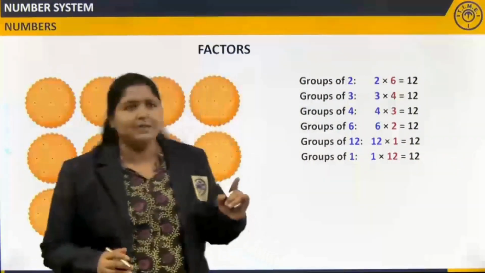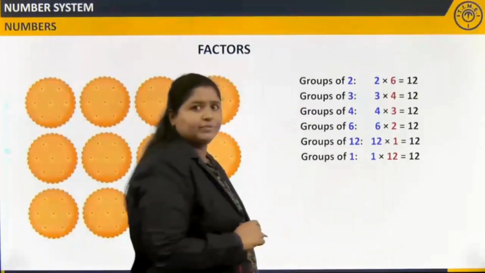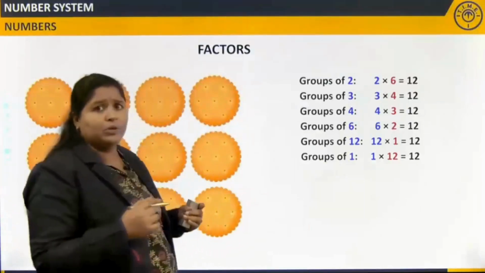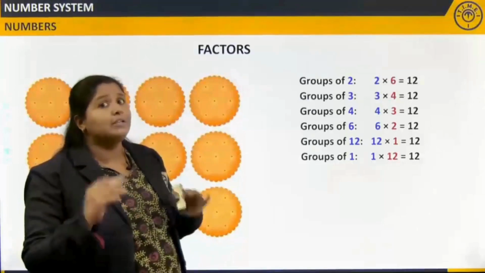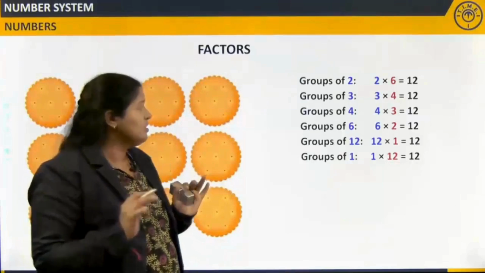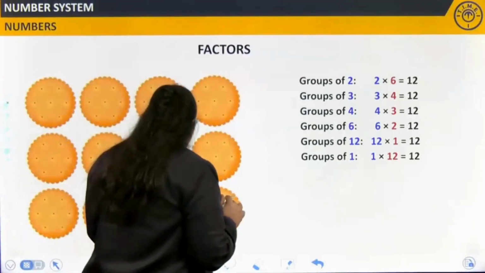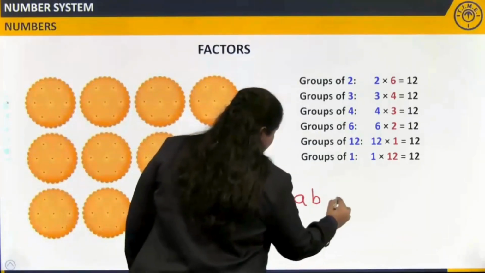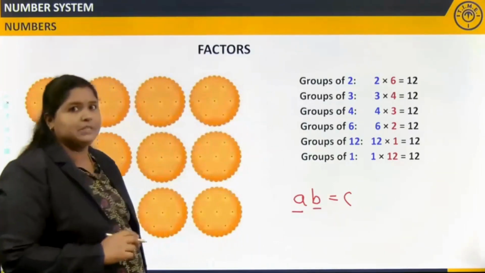Okay, so actually when I say factors, 2 and 6 are factors of 12. In general, when you have two numbers, A into B is equal to C, A and B are said to be factors of C, right. So let me show you here. Any two numbers that multiply to give you C means A and B are factors of C. Right.